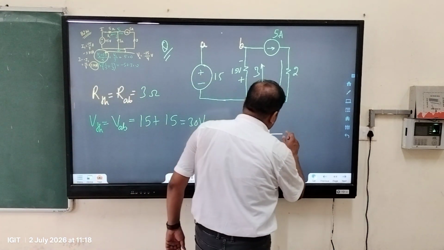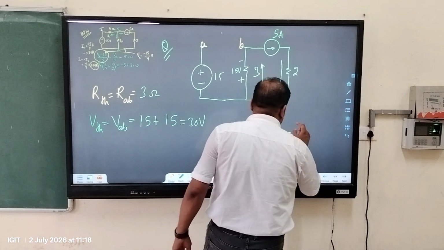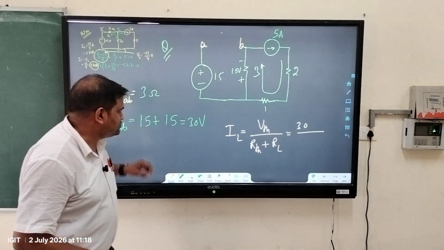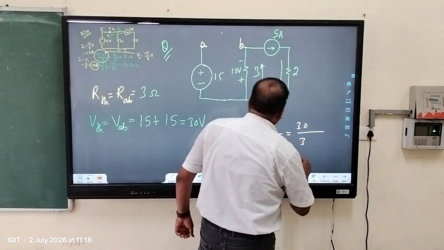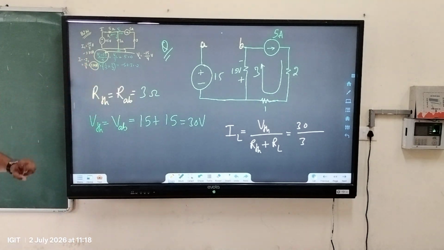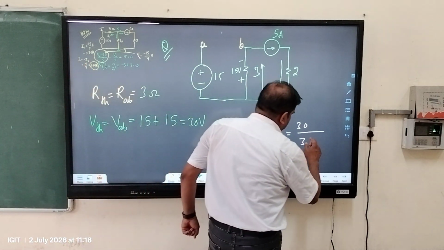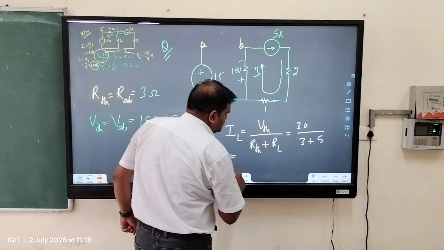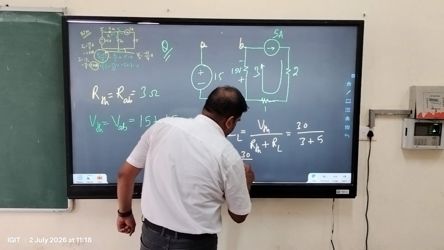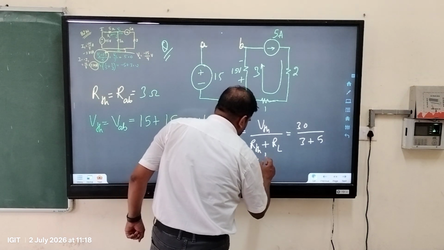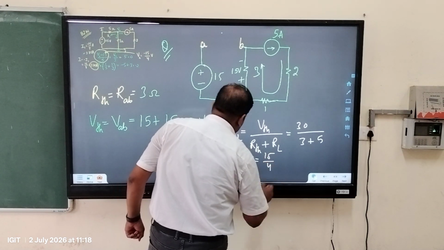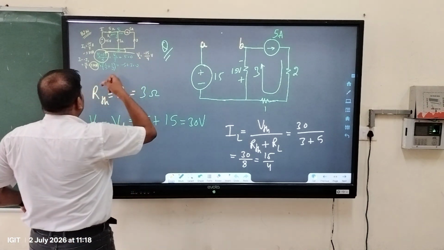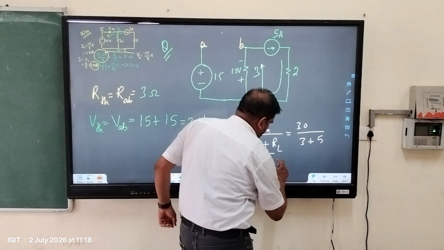The VTH value is 30 volts. What is the value of RTH? RTH is 3. Now remember, the load resistance is 5. So this comes out to be 30 divided by 8, or I can say 15 by 4. And previously also we got 15 by 4. So that is 3.75.